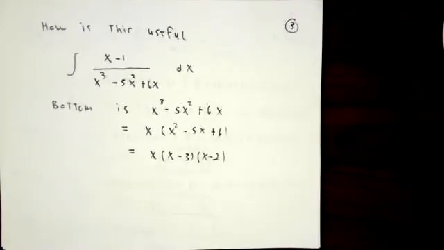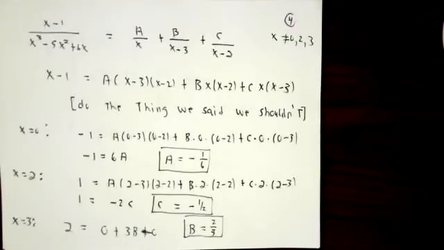The bottom of the fraction is x, which is to say x minus 0, times x minus 3 times x minus 2. The bottom of that fraction factors up into three distinct linear factors, and according to the reverse engineering idea, we ought to be able to do something with that.